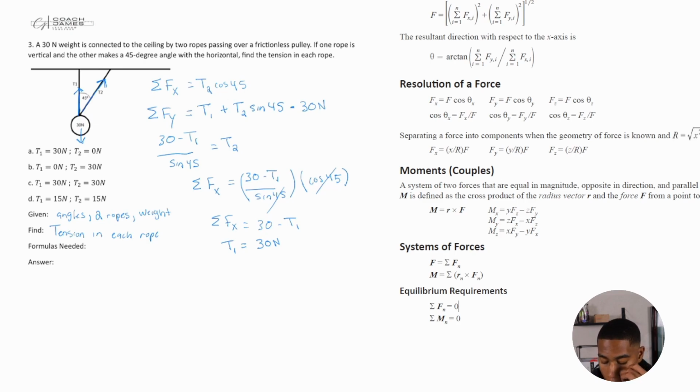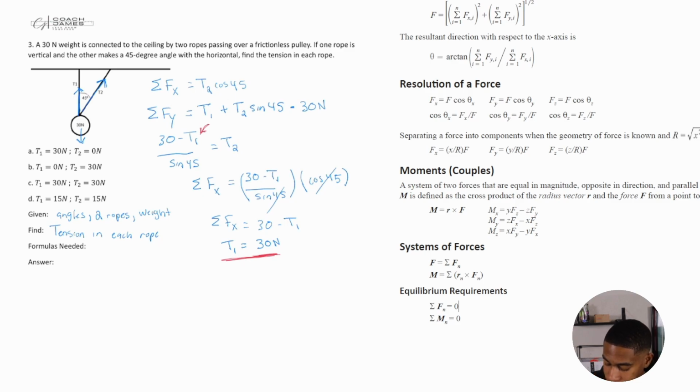Okay. Now, plug in 30. So the thing about this is now I use that, got a value for T1. Now what I can do is plug that number back into T2, or I can take this number, right? T1 is equal to 30 newtons, and I can plug that back into here to get my T2.